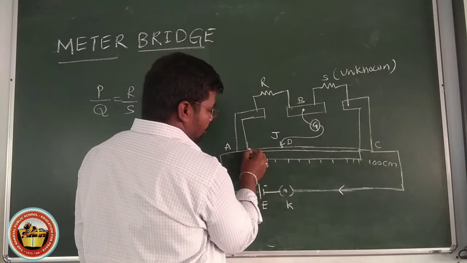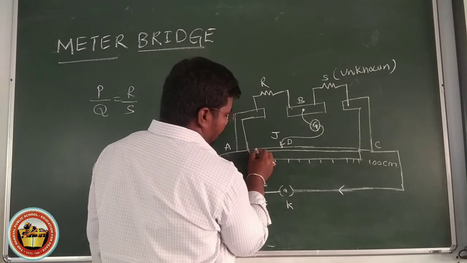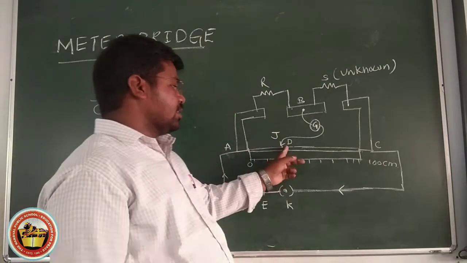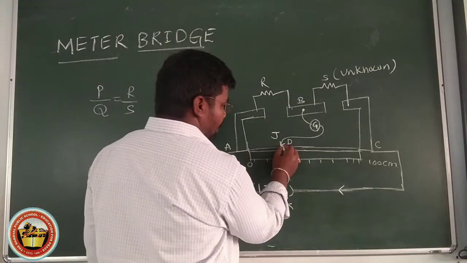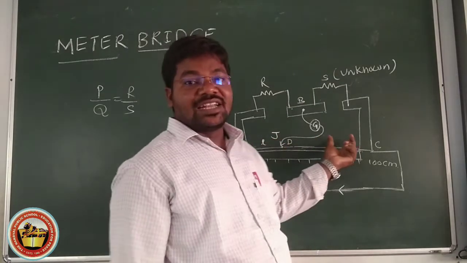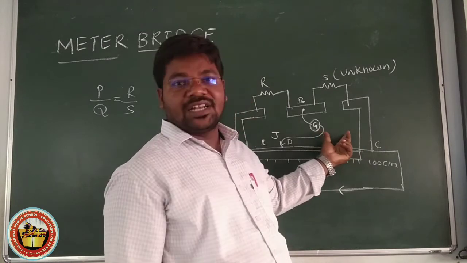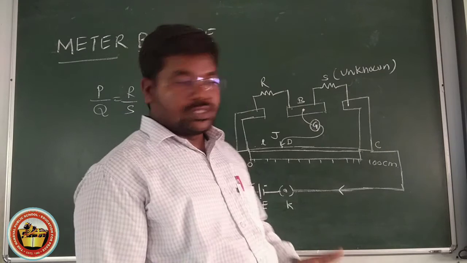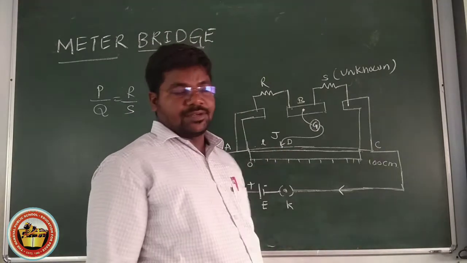While moving the jockey on the wire, at a particular point, denoted D, and at a particular length, the galvanometer shows null deflection, meaning the current passing through the galvanometer is 0. So we have to find that point between 0 and 100.